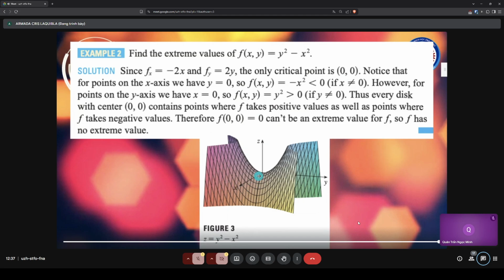As you can see, class, at the point 0, 0, it is not a local maximum and not a local minimum. If the graph looked like a mountain, the top there would be the maximum.